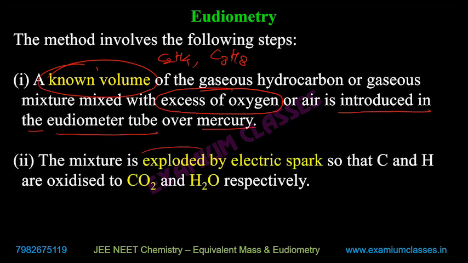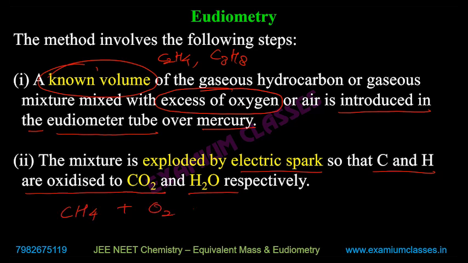The mixture is exploded. Exploded means by electric spark, the reaction takes place, it starts burning. So carbon and hydrogen are oxidized to CO2 and H2O. Suppose I am talking about CH4, so it will be CO2 plus H2O. Whatever carbon is there will give you CO2.